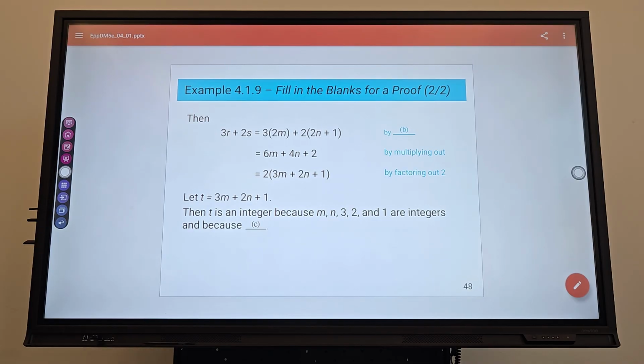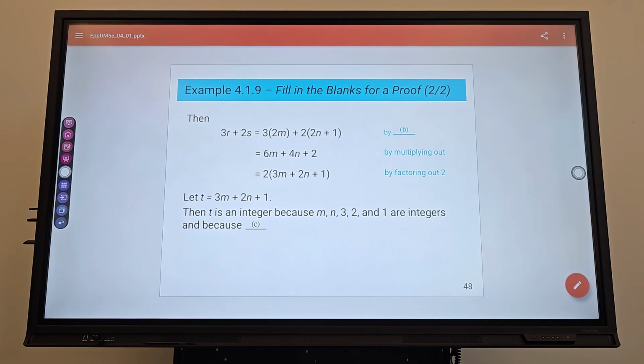Then by substitution, 3r plus 2s equals 3 times 2m plus 2 times 2n plus 1. Multiplying out equals 6m plus 4n plus 2, which equals 2 times 3m plus 2n plus 1.